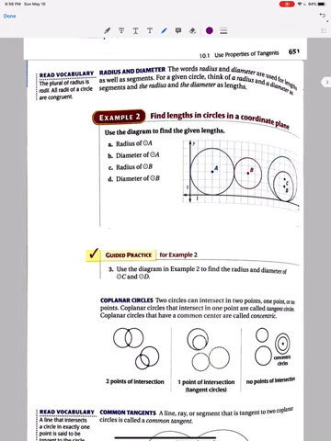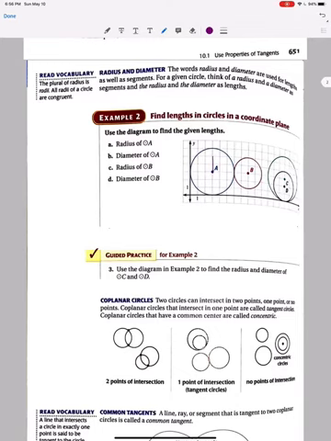Now, when you have a circle on a graph, you have to know how to name the length of the radius or the diameter. And it's really simple. You're able to just count it. So if we look at circle A, that's this first one.